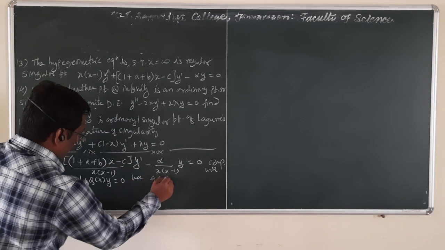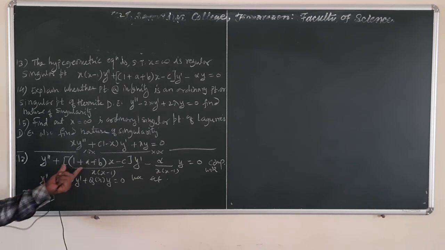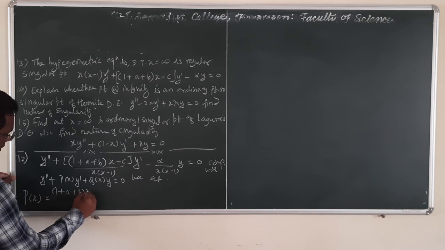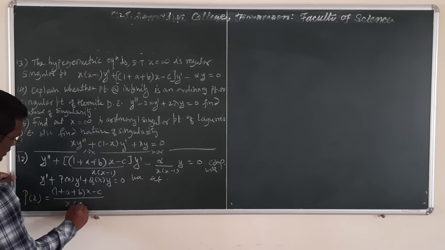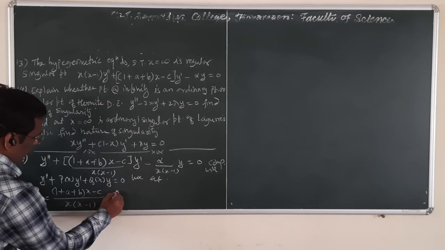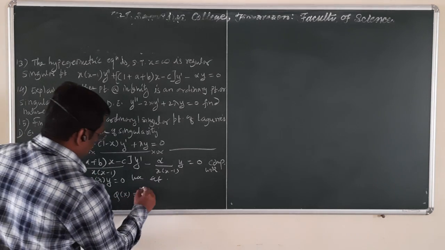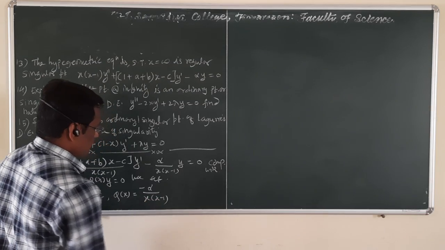We get p of x as (1 plus a plus b) multiplied by (x minus c) divided by x into x minus 1, and q of x as minus alpha divided by x into x minus 1.